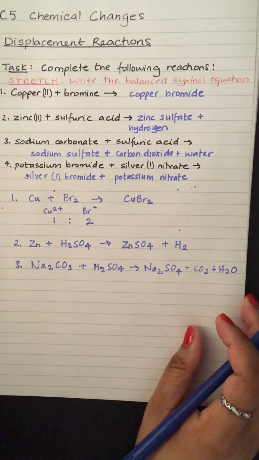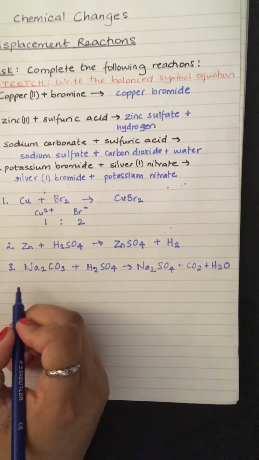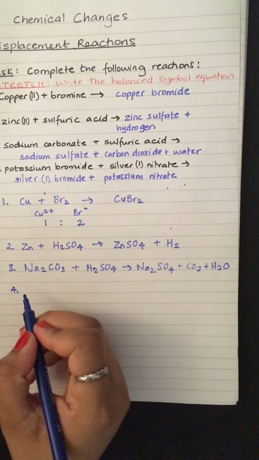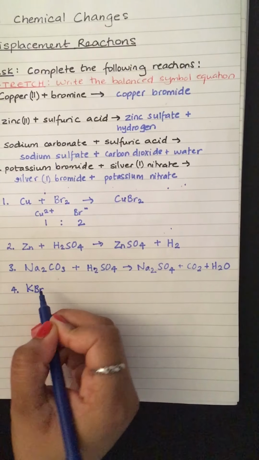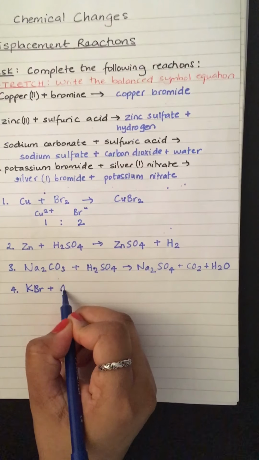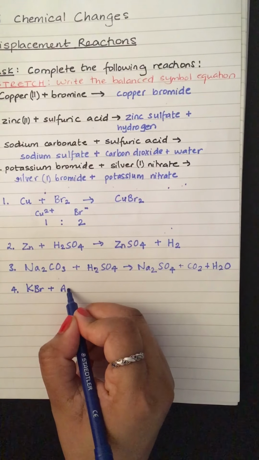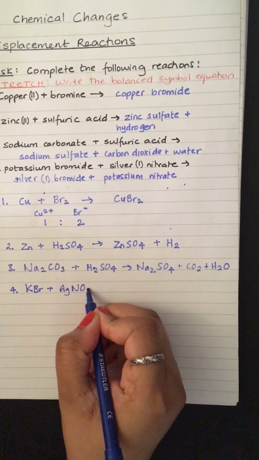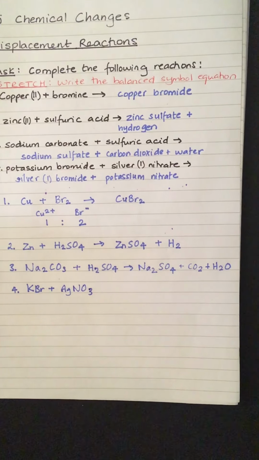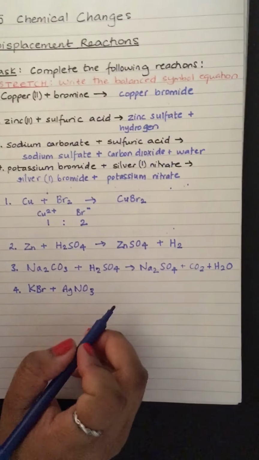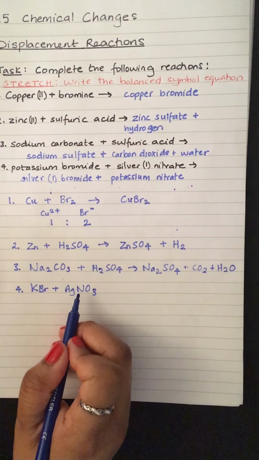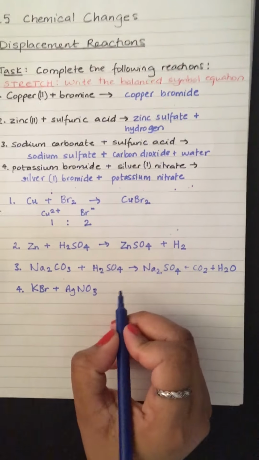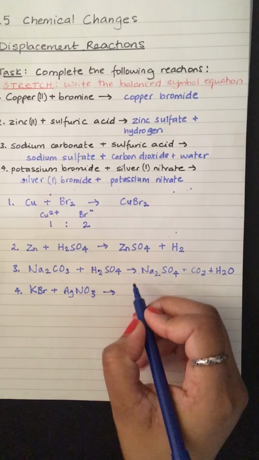And the last one, number 4, we've got potassium bromide plus silver nitrate. Remember, our nitrate has a -1 charge, and we can see that the silver has a +1 charge, so our ratio will be 1 to 1.